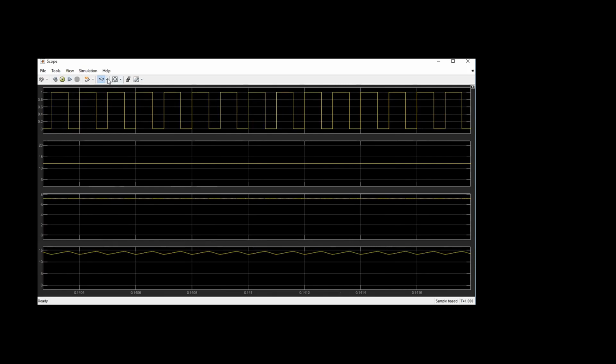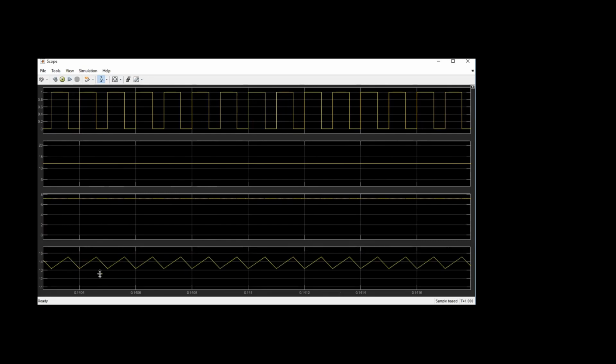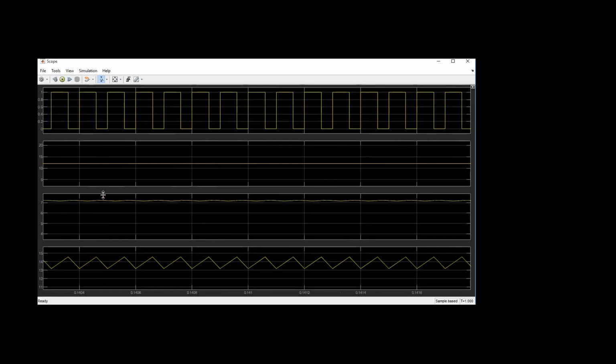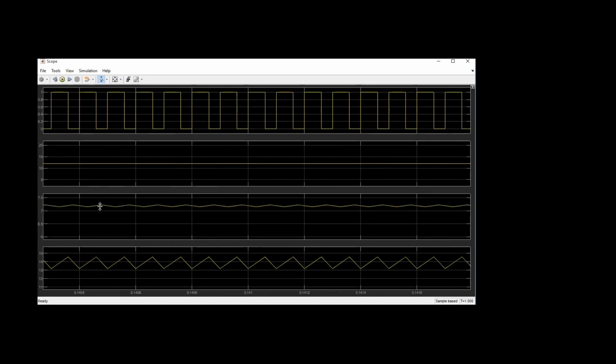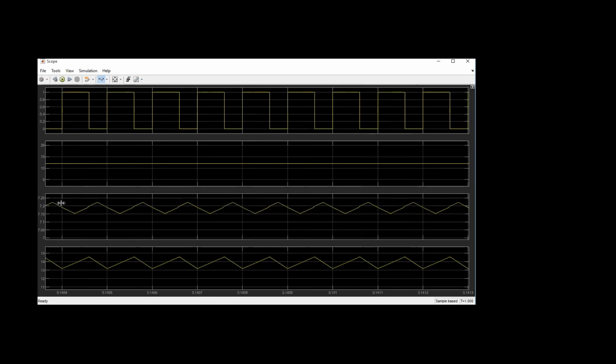Now what I want to show you: this is the output current and this is the output voltage. It is varying between 7.2 and 7.3 on average. If you observe here, based on your firing angle, charging and discharging will be happening.